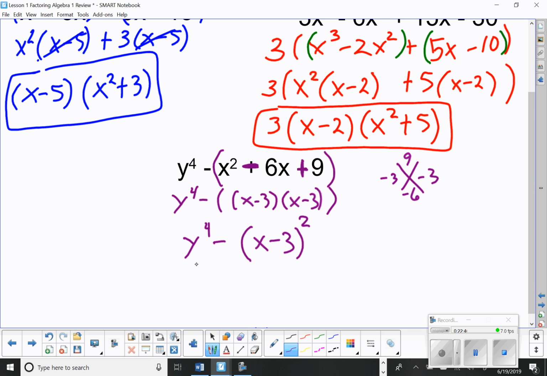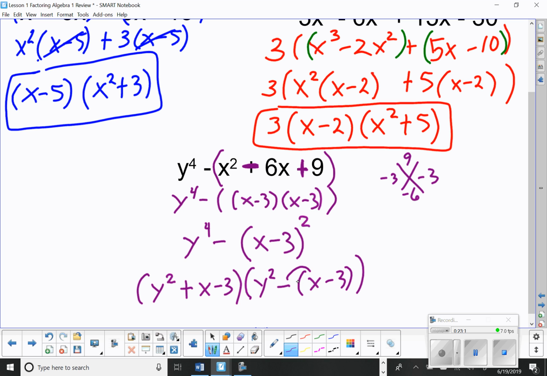Now I have a perfect square and a perfect square. The square root of y to the 4th is y squared, plus the square root of x minus 3 is just x minus 3. Now I'm going to have y squared minus x minus 3.